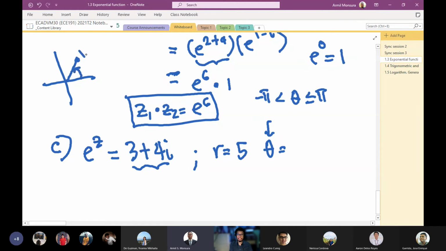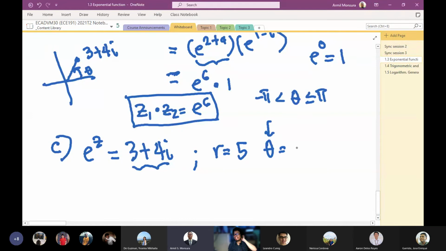Because this is 3 plus 4i, this is your angle. So what angle is that? 53.13 degrees. But we need that in radians, because we're converting to exponential form.